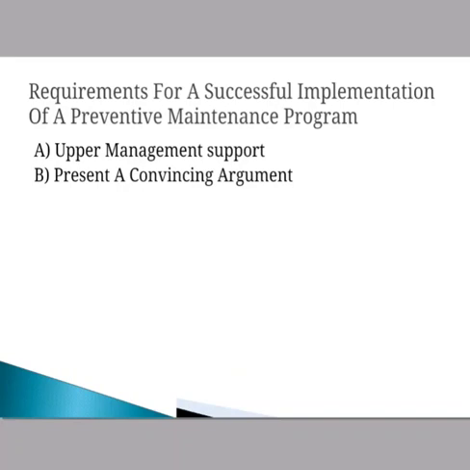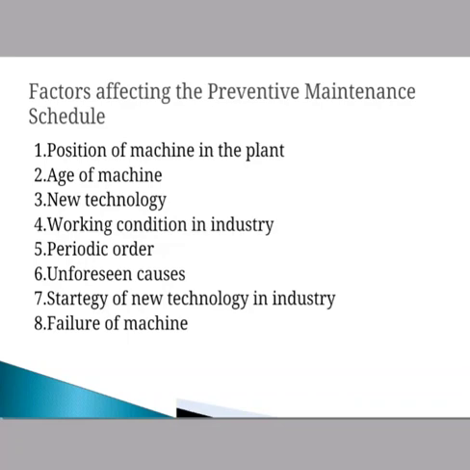Next we have to discuss the different factors affecting the preventive maintenance schedule. First one is the position of the machine in the plant. The various machines used in the industry are placed as per the sequence of operation and place availability. This is very important.